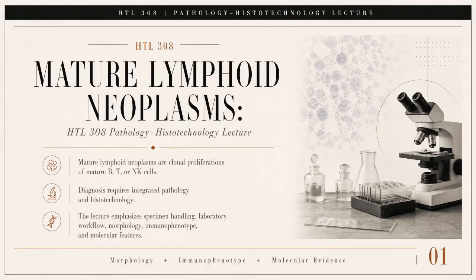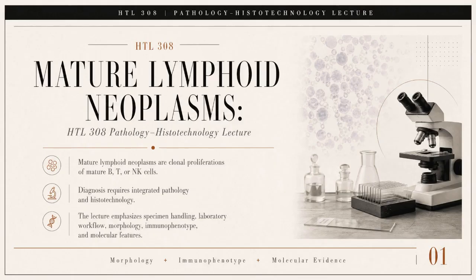For histotechnologists, understanding these neoplasms extends beyond recognizing abnormal cells under the microscope. It requires mastery of specimen triage to ensure that tissue samples are optimally preserved and processed. For instance, lymph node biopsies and bone marrow specimens must be fixed appropriately, often in neutral buffered formalin for routine histology, or in specialized media for flow cytometry or molecular studies.